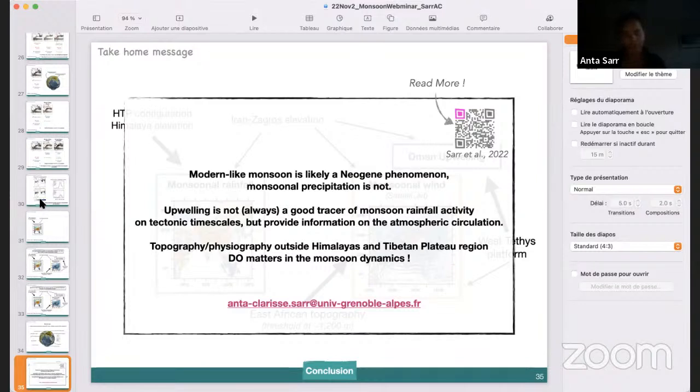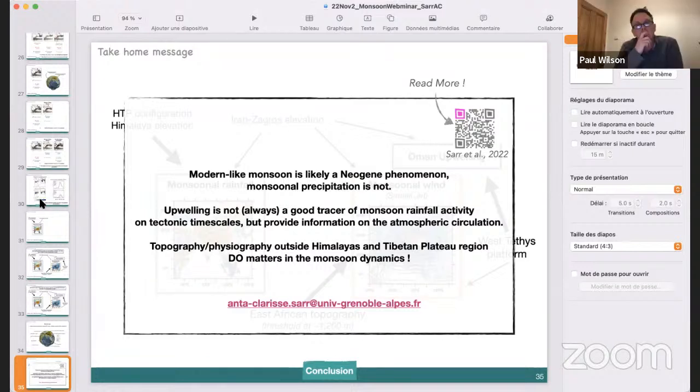So in order to cross the threshold in the circulation, you have to cross this peculiar elevation. If you are below 1,200 meters, the Somali jet pattern is very east-west. And as soon as I go above this elevation, I'm able to interact with the wind and block the wind from the west. So they have to go a bit northwards before going into the Indian basin.